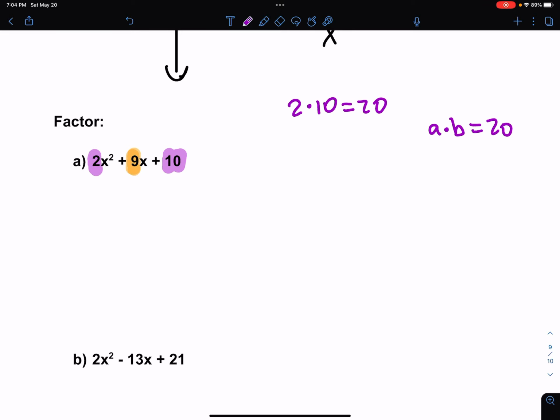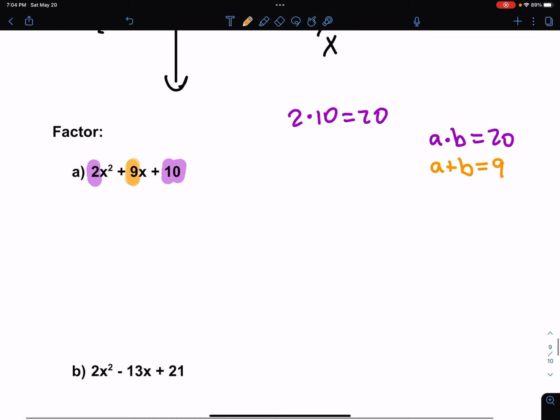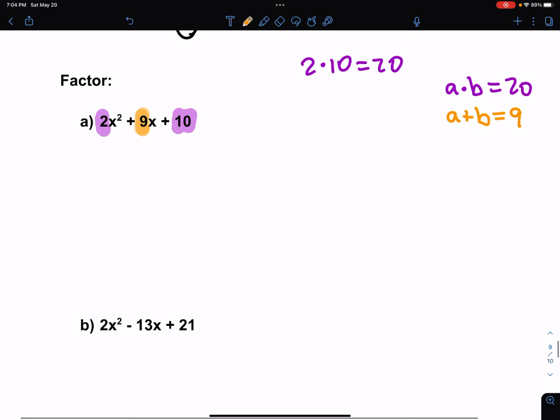And then in orange, I'm going to write a plus b equals 9. Because we need those same two numbers that multiply to make 20 to add up to be 9. And when you're factoring with a lead coefficient that is not 1, you're going to do it like this, factoring by grouping.